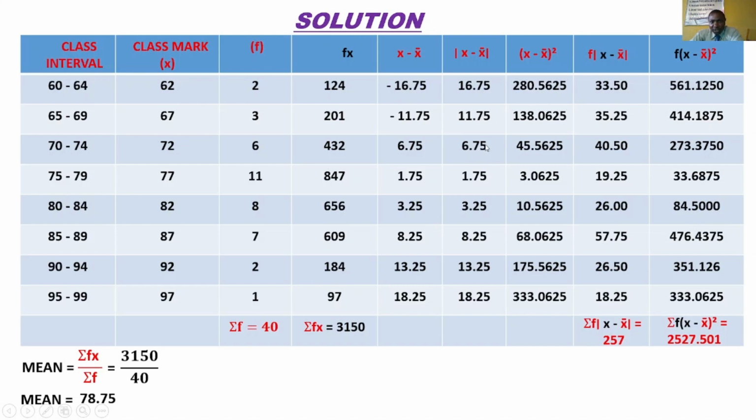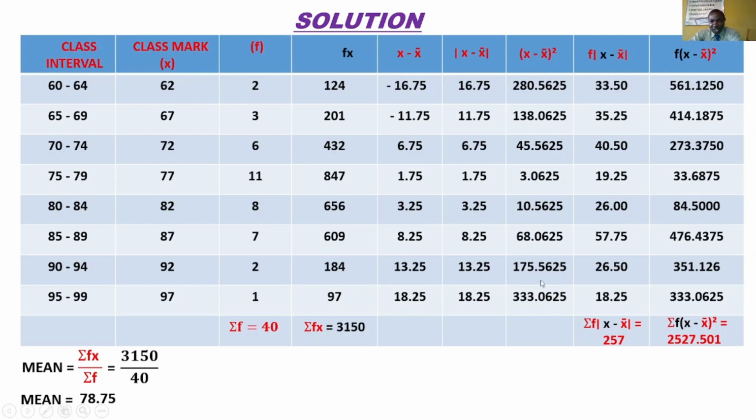Your 6.75 squared will give you 45.5625. If you square this value that you have here, you also will end up with the set of values that you have at that particular point. Those are the things that are expected of us to do, and those are the set of values that you get.